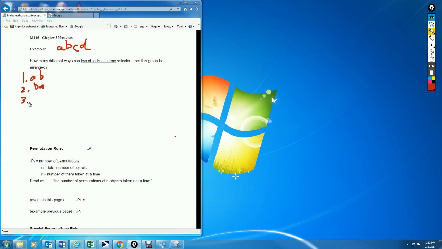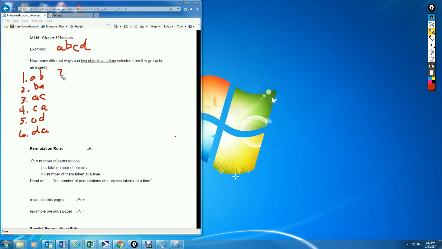Okay. And then let's stick with having A, so let's do A and C. And then let's swap the order again, C, A. And then still with A, I can do A with D, swap the order, and I would have D and A. All right, so I've got A with everybody.